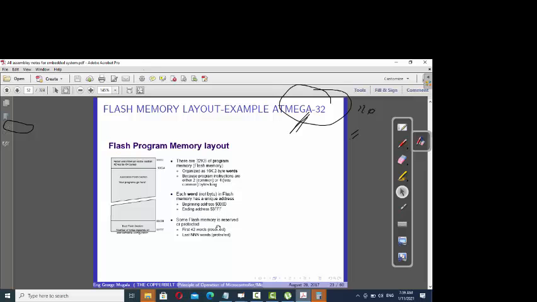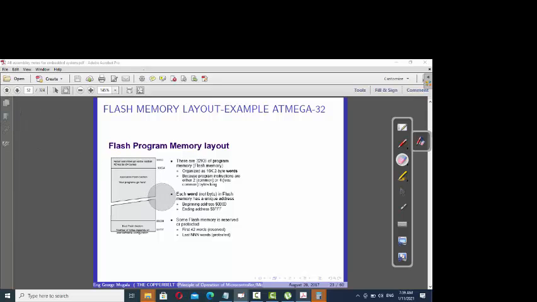All right, so that's how the flash memory is organized, and we need to take note of that when we talk about the Mega32. And what is the flash memory used for? Well, the flash memory is used for storing the code, for writing the program. Right now guys, let me end here because the video is going to be too lengthy.